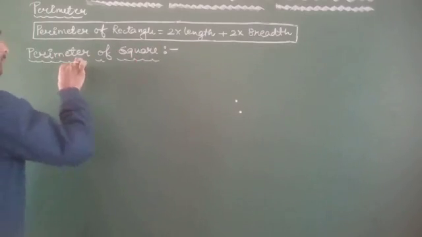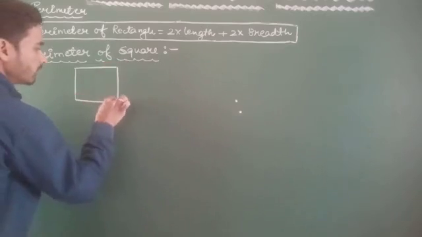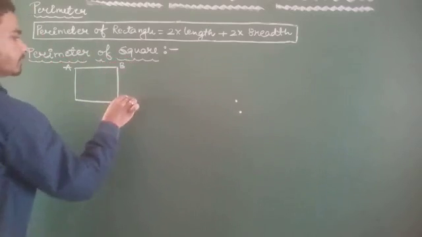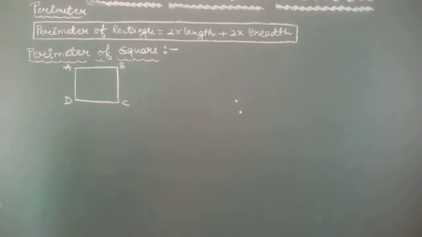So there is a square called ABCD, and you know that in a square all the sides are equal.